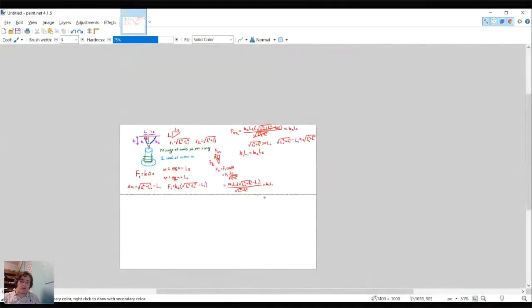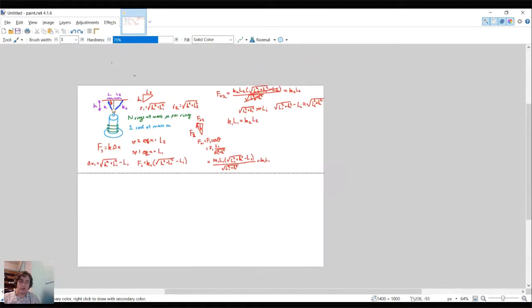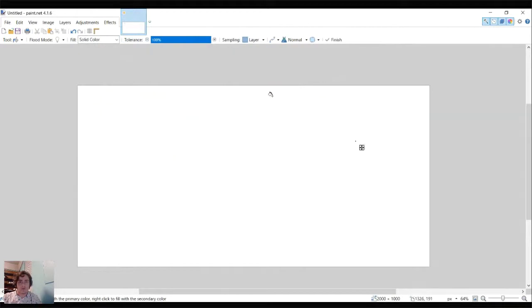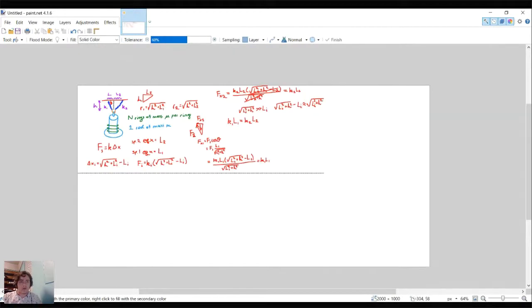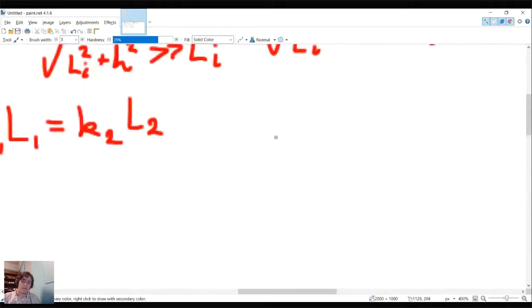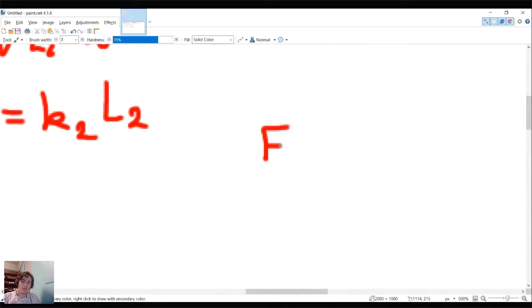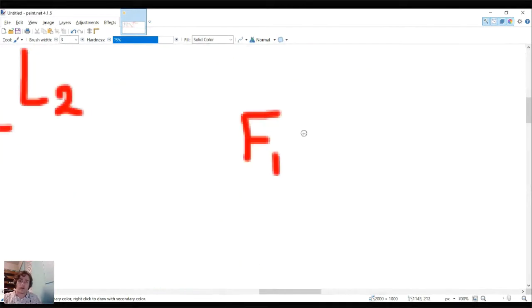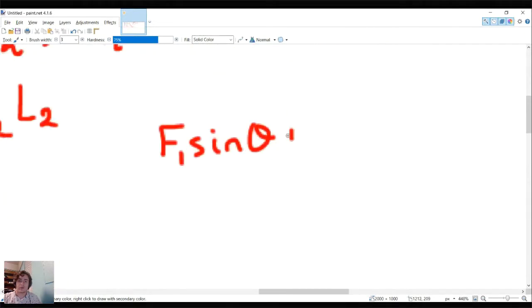And then when we're thinking about the next one, I'm going to expand this over a little bit so we have more room to deal with stuff. We have to look at the vertical direction. The vertical direction is a similar case where we have F1, the spring force on spring 1, times the sine of the angle, because that's the vertical component.